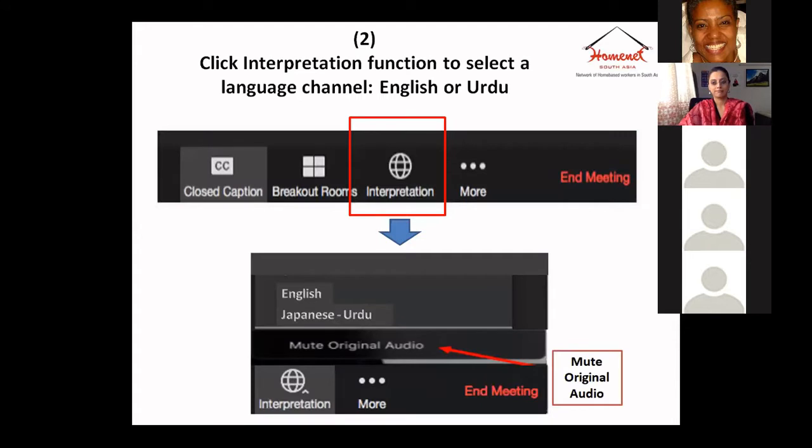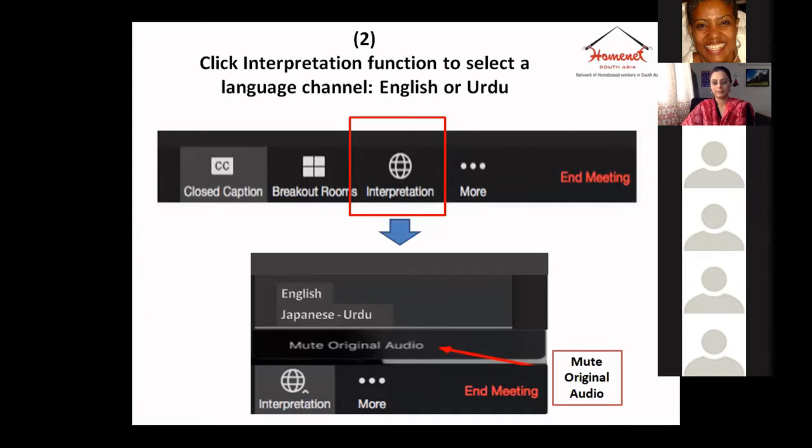The next important function is the interpretation function. On the bottom of your screen, far right, you will see a globe icon, which says interpretation, as shown here encircled with the red box. Once you click on it, it will show you two audio channels. One is English, the other one is Japanese, but that is for the Urdu language.